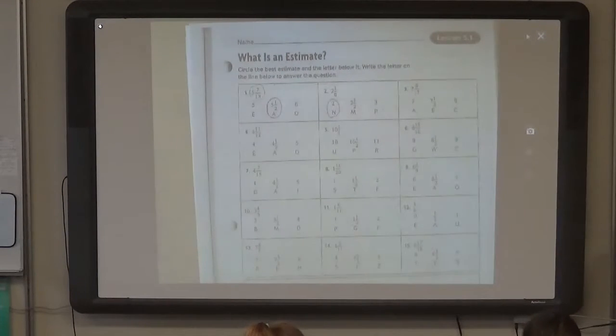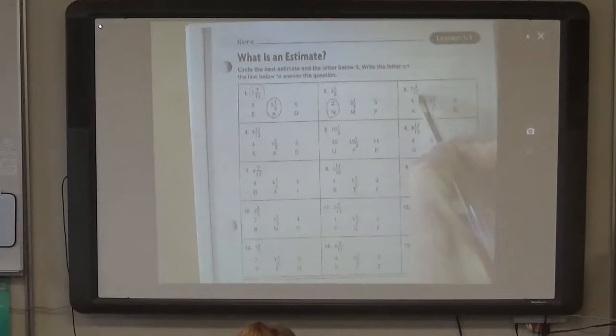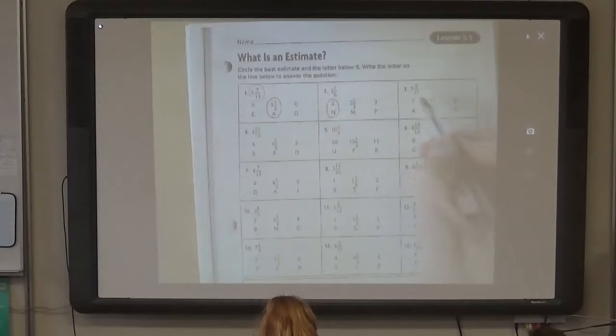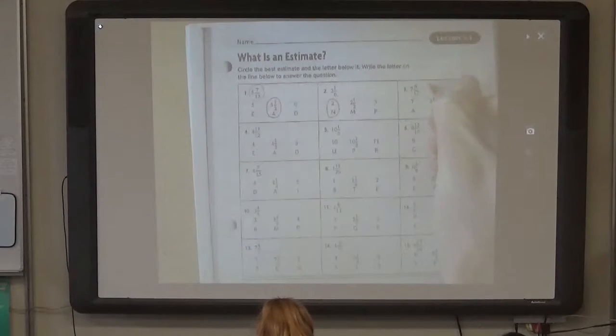What would 3 be then? 9/17. Is that closest to 0, 1/2, or 1? What if this was 18? That would be 1/2. What if this was 9/18?